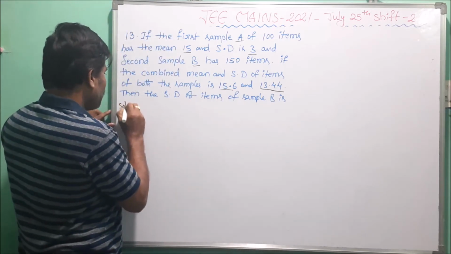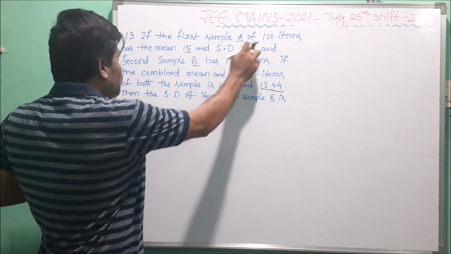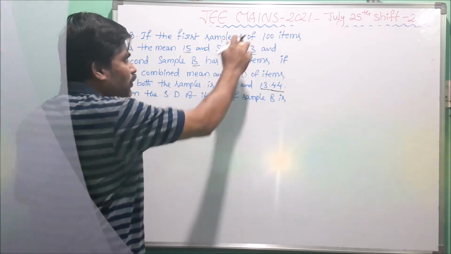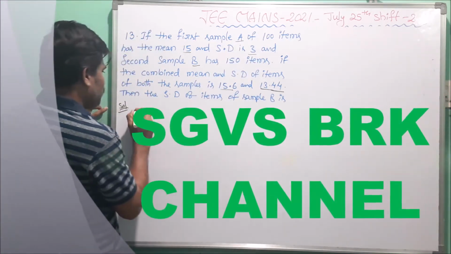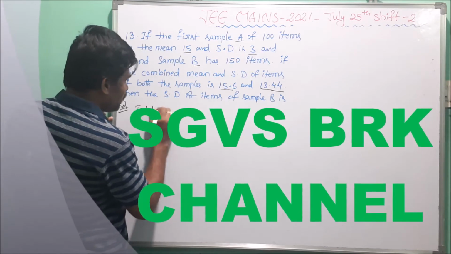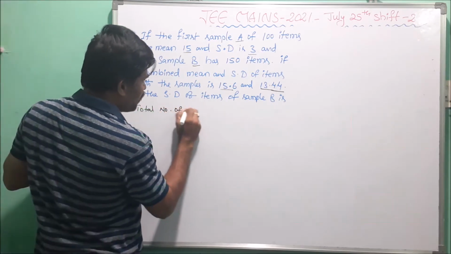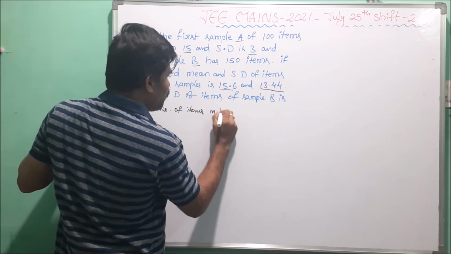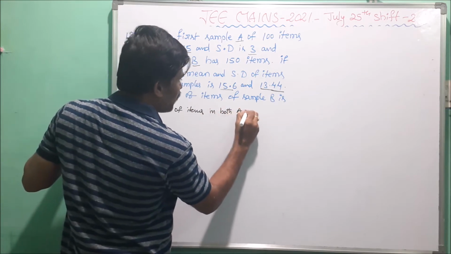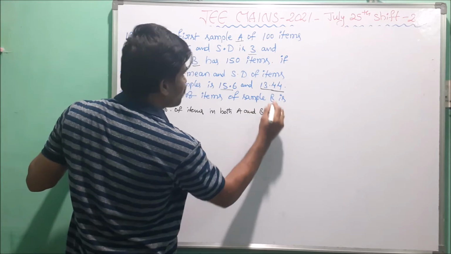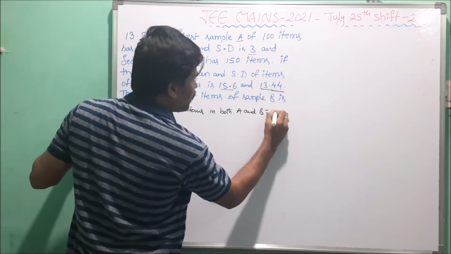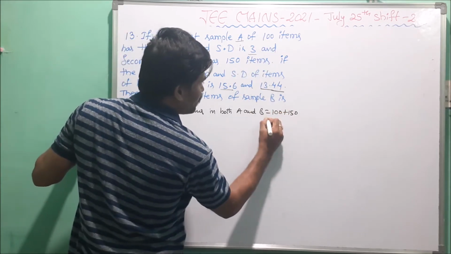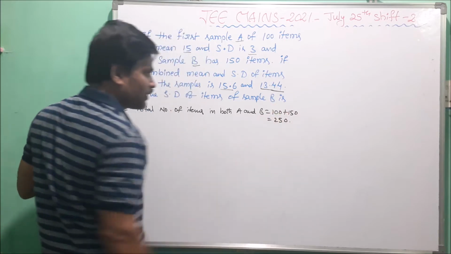So first of all we take the total number of items in both the samples A and B, which equals 100 plus 150, that is 250.